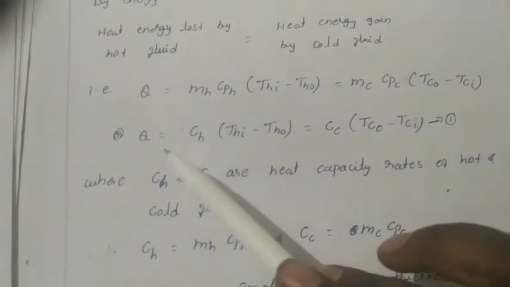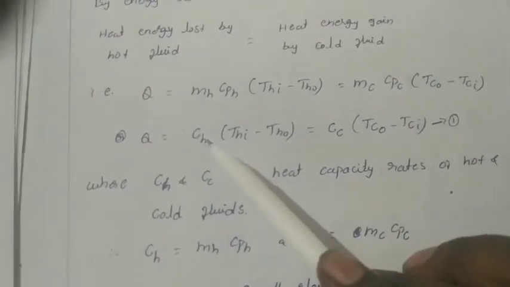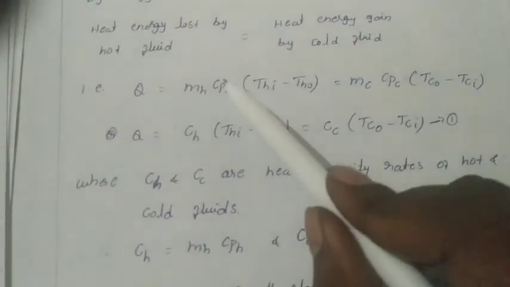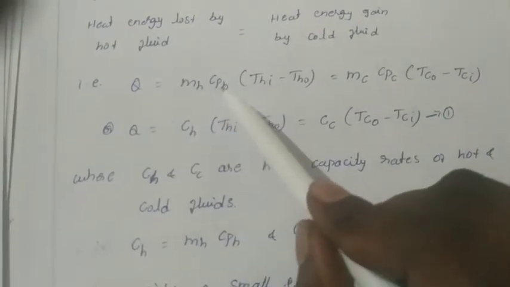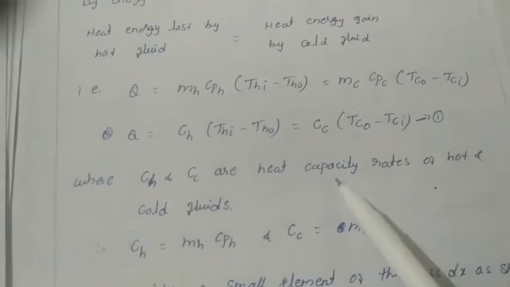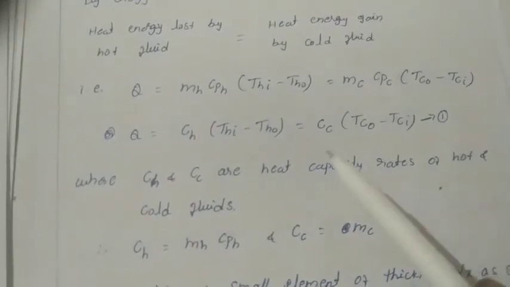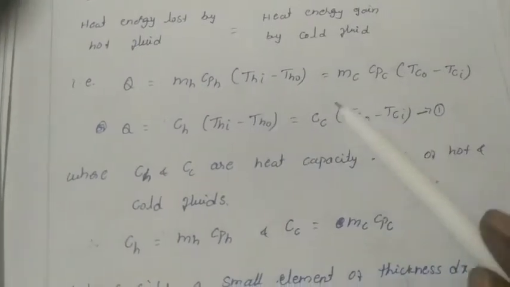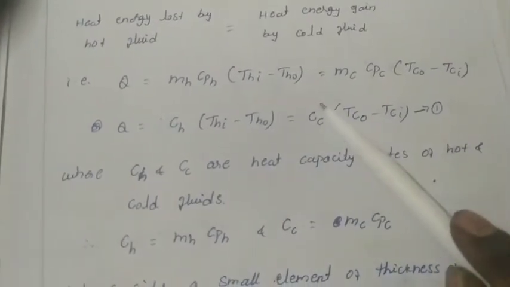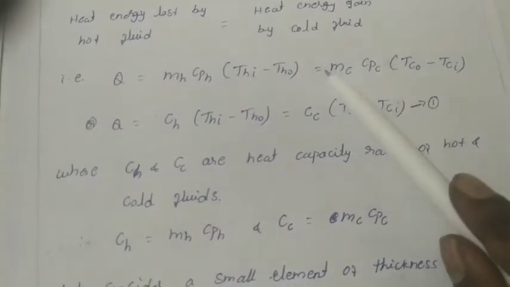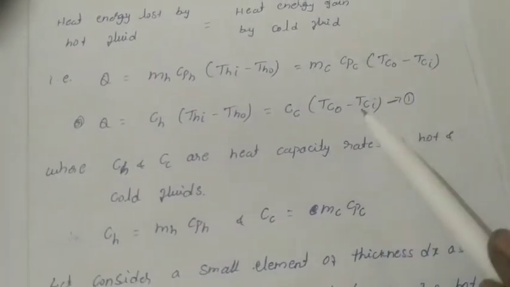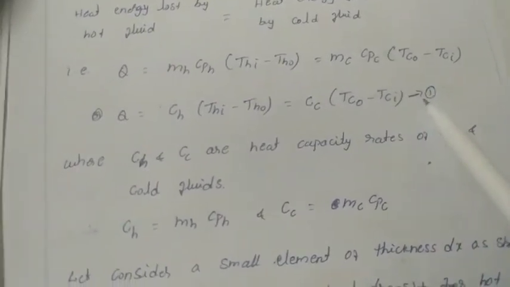We can rearrange that: Q is equal to Ch into Thi minus Th0, where Ch is the product of mH into Cph, called the heat capacity rate of the hot fluid. Cc is the heat capacity rate of the cold fluid, Cc is mc into Cpc. I'll call this equation number 1.